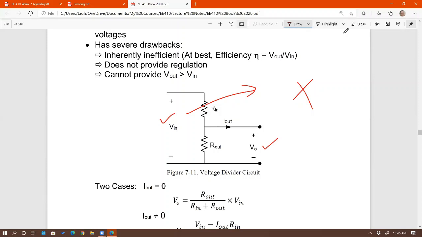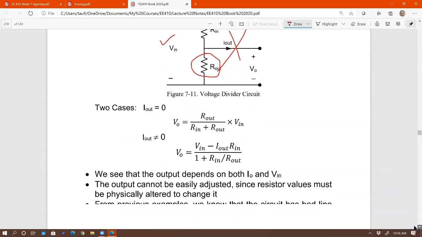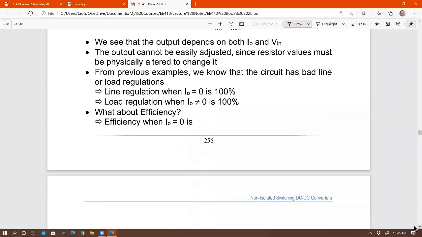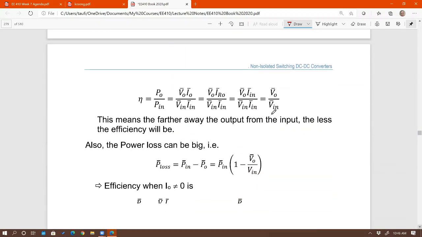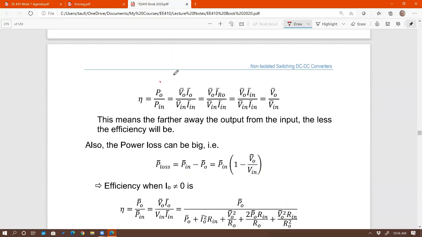But what is the efficiency if you're not loading it? What if you don't have these branching out right there? So this is your load right there. So what is the efficiency? It's right here, right? P out over P in, that's the same definition. V out times I out over V in times I in.